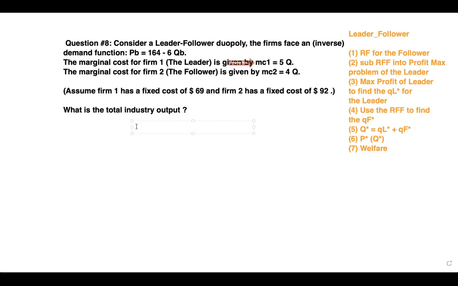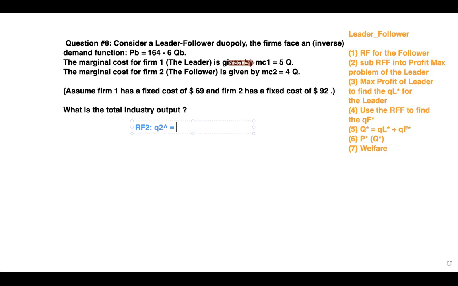I'm going to call that Q2 with a hat, and I'll say this is the reaction function for firm 2. Okay, and what did you get? My reaction function was Q2 equals 164 minus Q1 over 16.